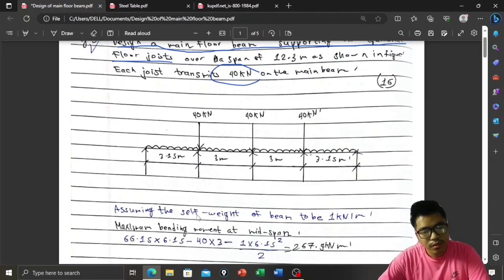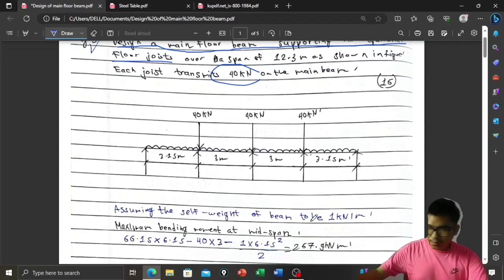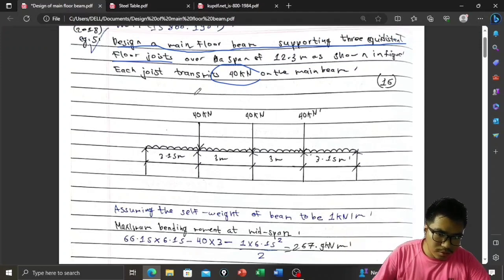So assuming the self weight of beam to be 1 kN per meter, the maximum bending moment at mid span will be, this 40 plus this 40 plus this 40 is 120 kN.